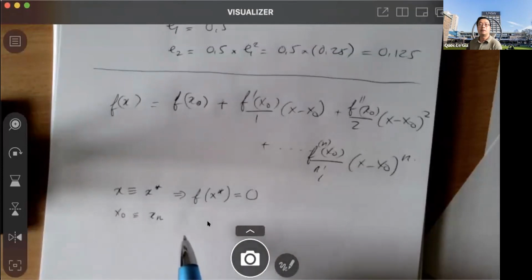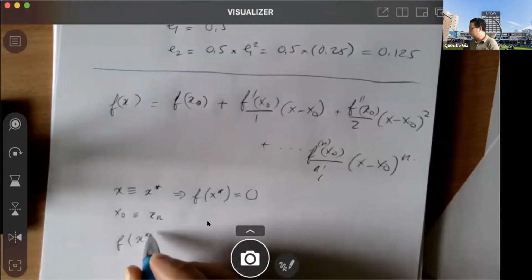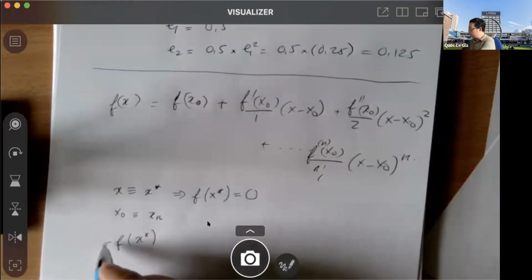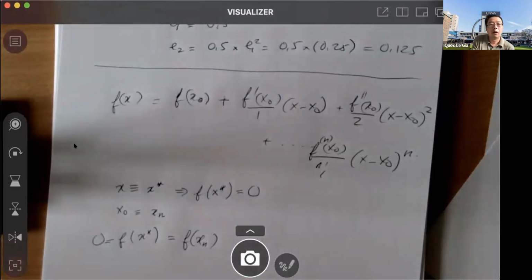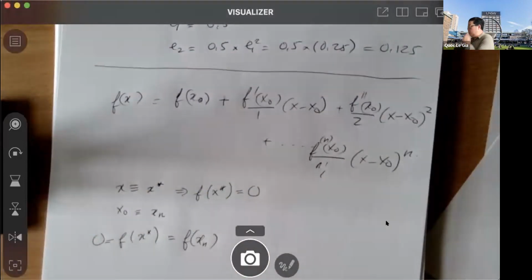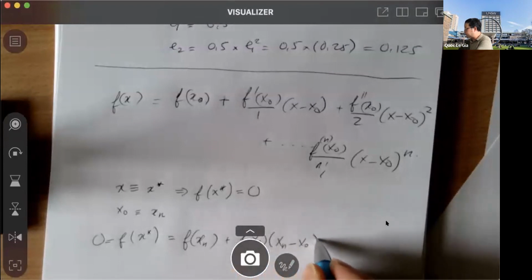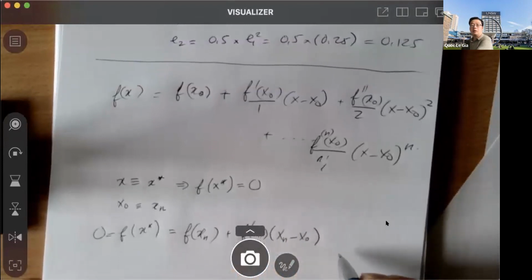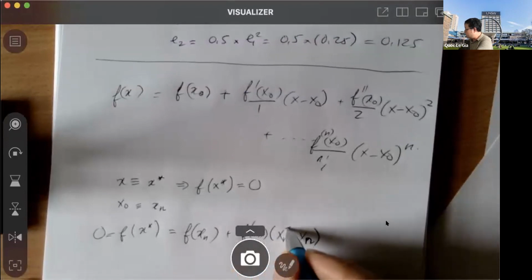Then what I have is f of x_n, and this one will be f prime of x_n times (x star minus x_n). Sorry, actually x0 equals x_n, and x is x star.